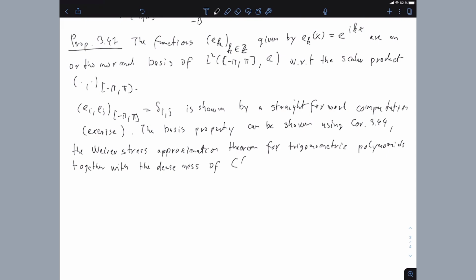Yeah, so of C, the continuous functions on the interval minus pi pi with complex values in L2 minus pi pi C.